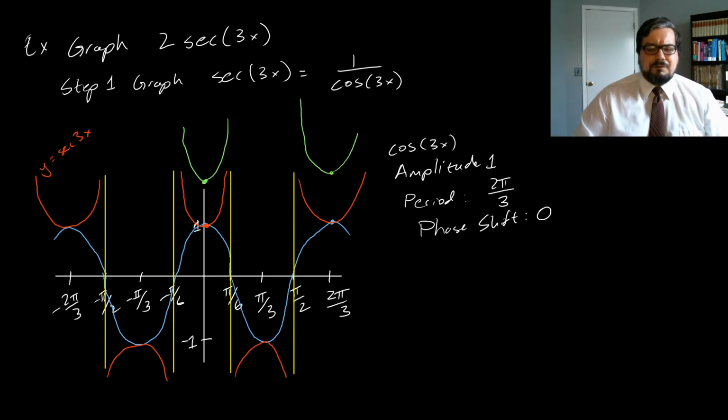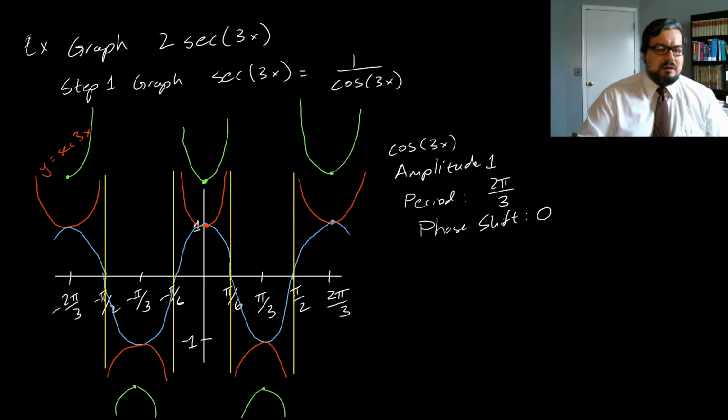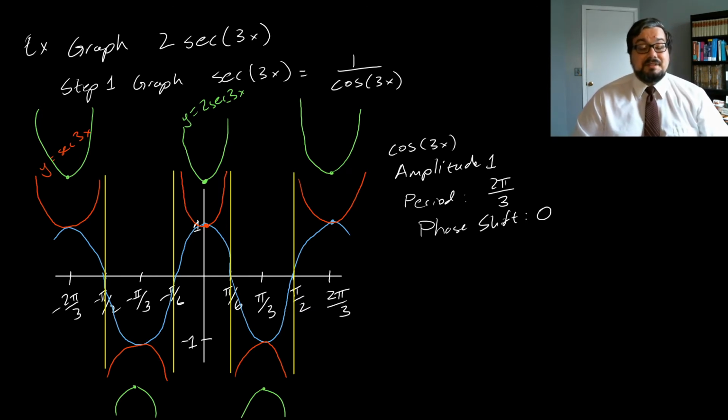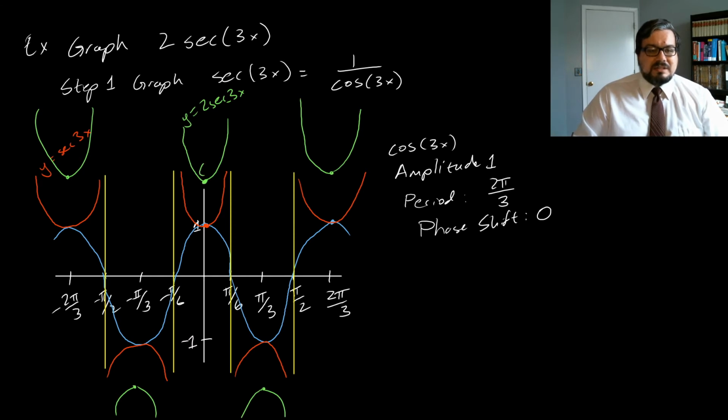Remember, we're stretching out from the x-axis, and so every point on the green line, which is y equals 2 secant 3x, is going to be twice as far away from the x-axis as the red line was. So in particular, we've got a few points we can note. We've got the point 0, 2, 2 pi over 3, 2, pi over 3, negative 2, and so forth.